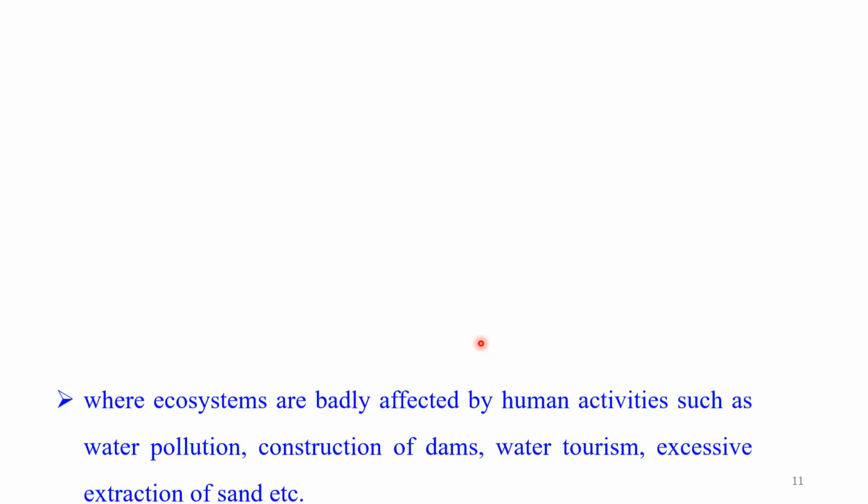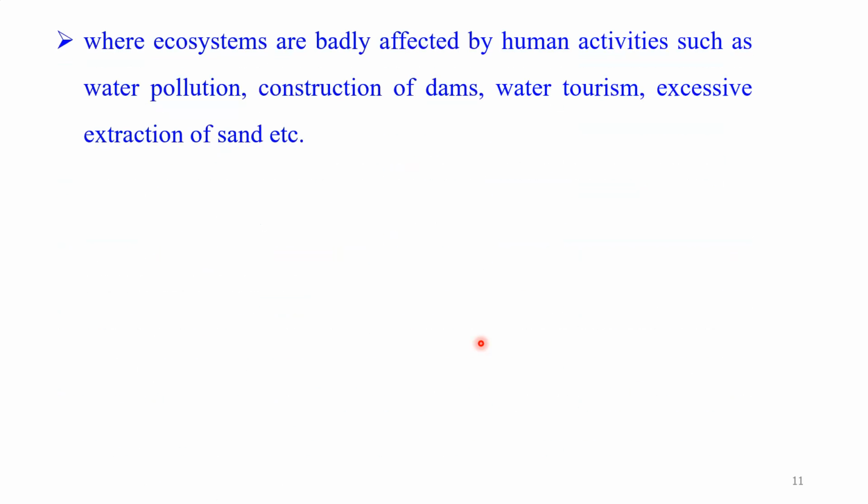Dear student, this was about the primary, secondary, tertiary consumers and also the decomposers. Dear student, when we are talking about the river ecosystem, we observe that every river ecosystem is badly affected by various human activities, especially industrialization, urbanization, and various processes carried out by human beings.